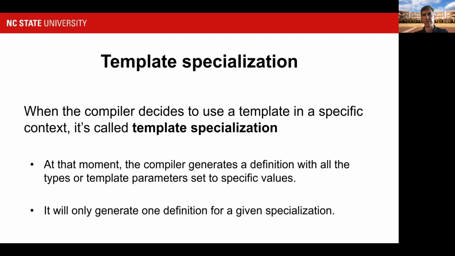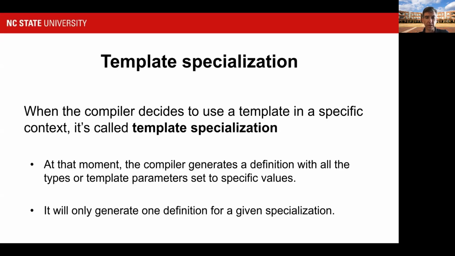Okay, so the next important idea when it comes to using templates is this idea of template specialization, right? We write a template, it specifies a pattern, it expects maybe some type to be matched to apply the pattern. And that process, when the compiler decides to use a template in a specific context, is called template specialization.